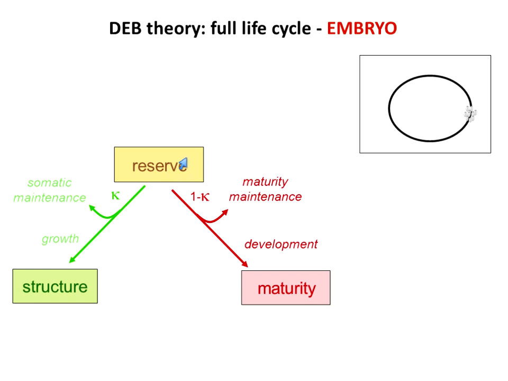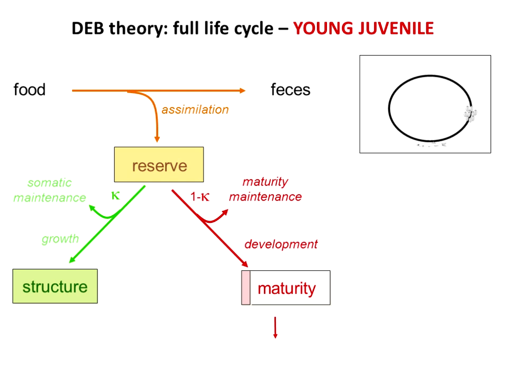Eventually, the reserve is getting depleted, and this mode of development is no longer possible, and there is a transition to a feeding stage. And actually, what's showing there is a schematic of a small young fish, a hatchling.